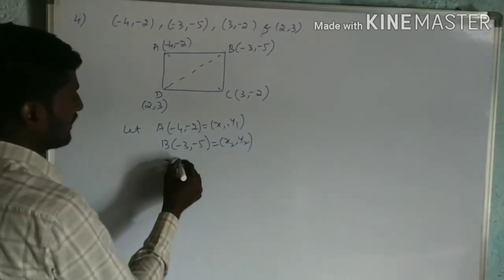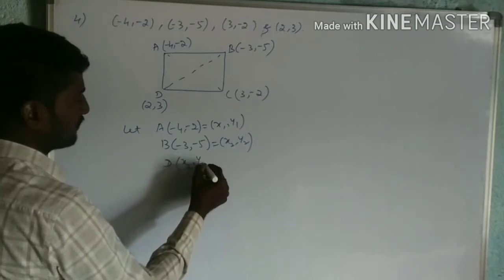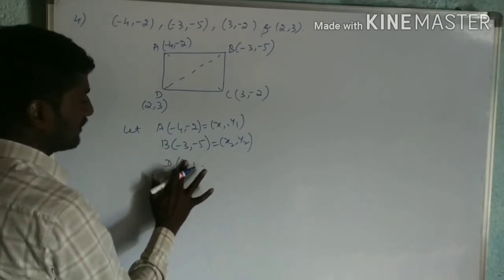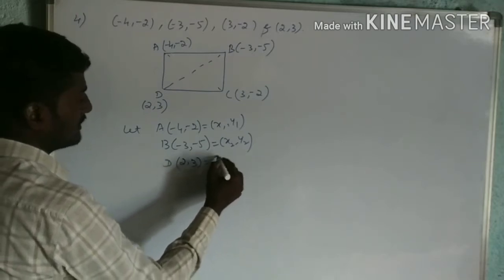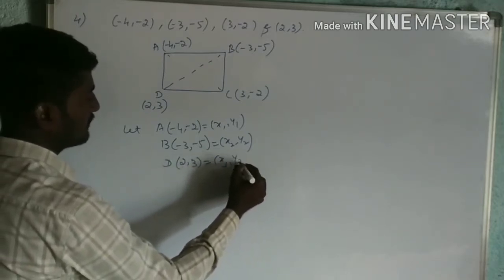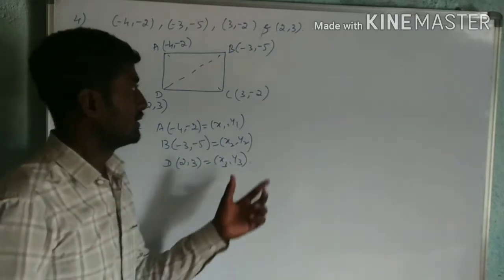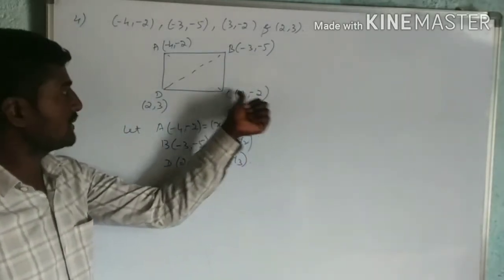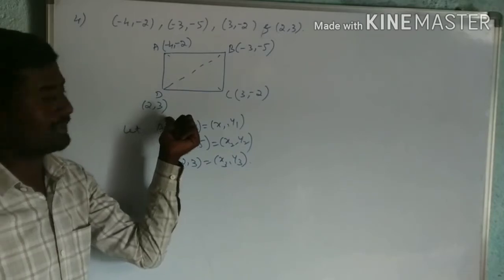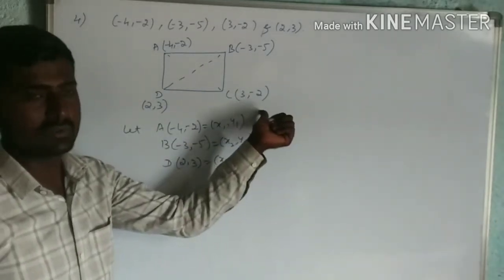The third point D I will take as X3 comma Y3. So this D point is here, 2 comma 3, X3 comma Y3. This will be X4 Y4.